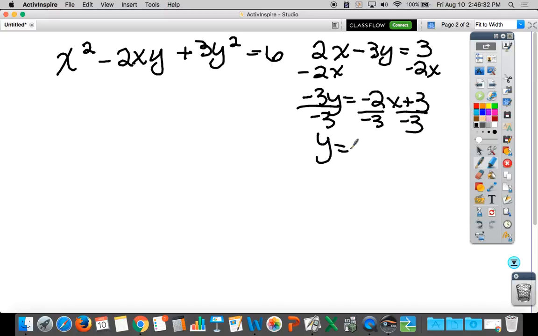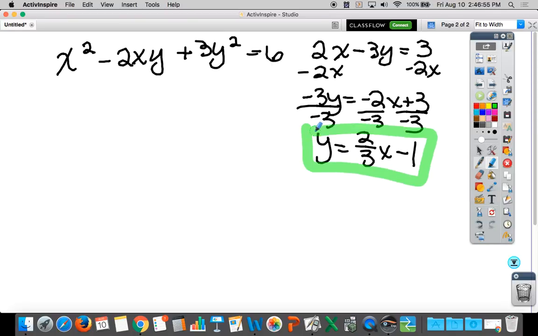So y is equal to 2/3 x minus 1. You have to get one variable in terms of another. So this is what y is equal to.